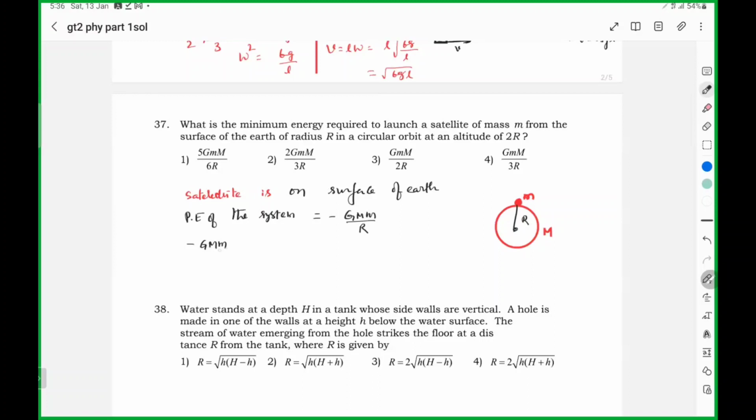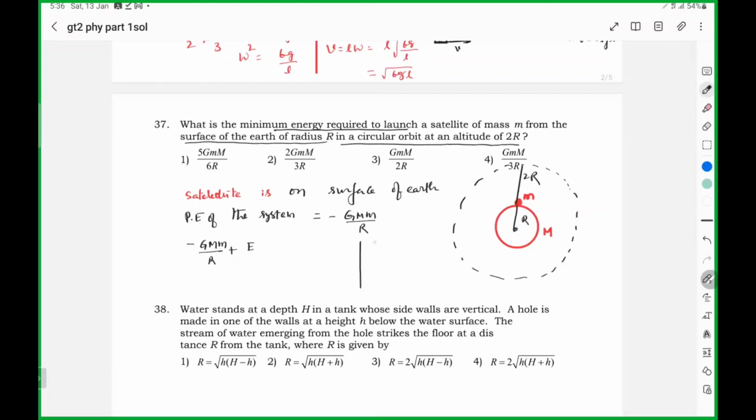So now some energy must be given to launch the satellite of mass m in a circular orbit at an altitude 2R.